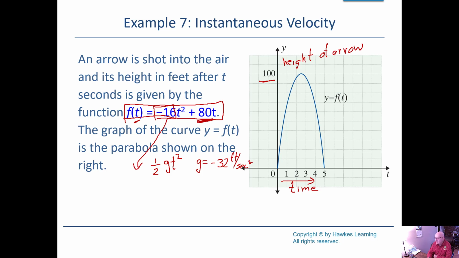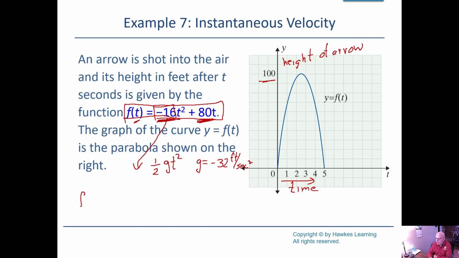The reason it's negative is because the gravity pulls us downward, pulling the arrow in the opposite direction from what it started. This g is negative 32. When we take half of it, we get the negative 16. That's where the negative 16 comes from.